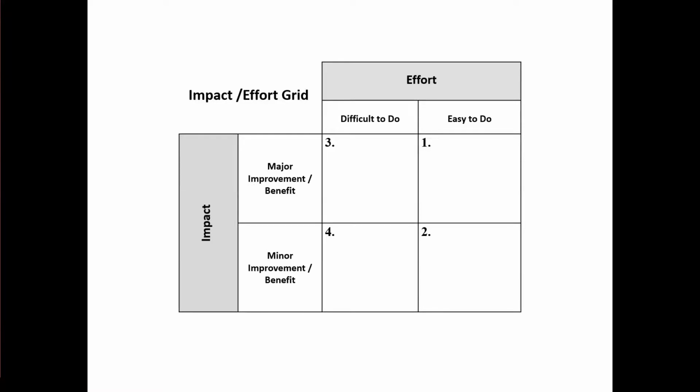So as an example, if something is not difficult, but not easy, but has major impact, you might place it on the line between difficult and easy and halfway up in the row called major improvement or benefit. The placement in the grid matters because what we're really looking for is some sort of visual that you and your team can sit back and go, oh, okay, now let's take a look at where we might want to start with all this.